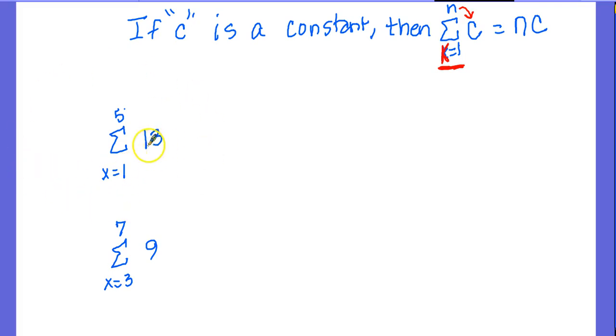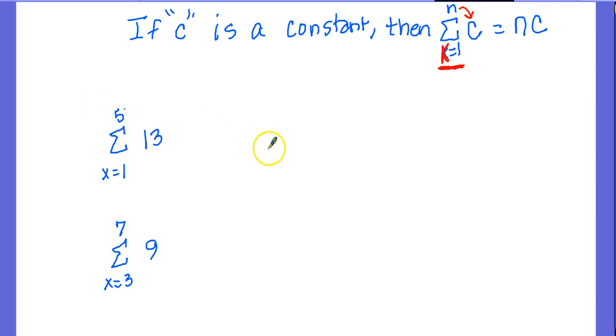Here we have our argument is a constant. Do you see what I'm saying? It's a constant. There's no variable there. So we look at our starting position and it's 1, right? And it stops at 5. So how many terms should be in my series if I start at 1 and I stop at 5? 5, right?